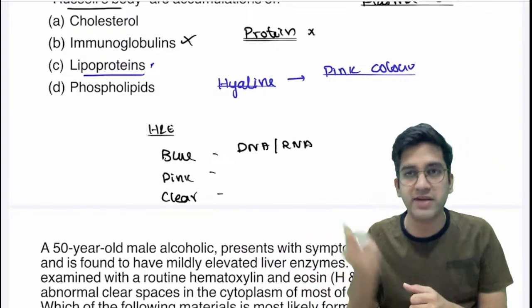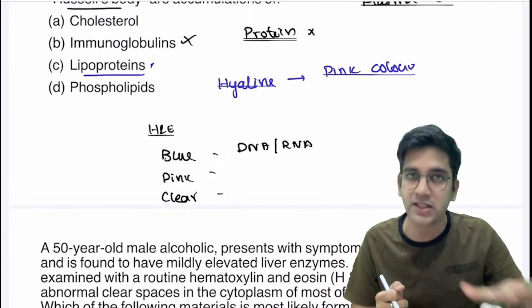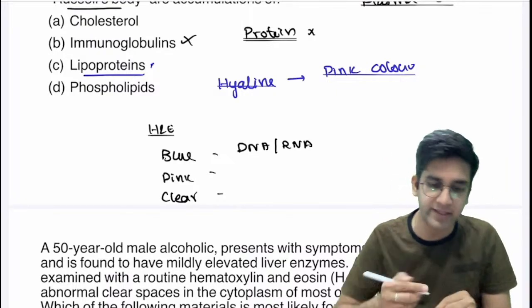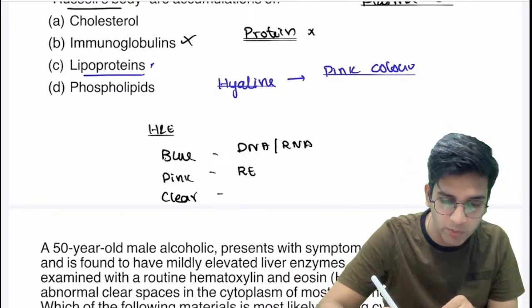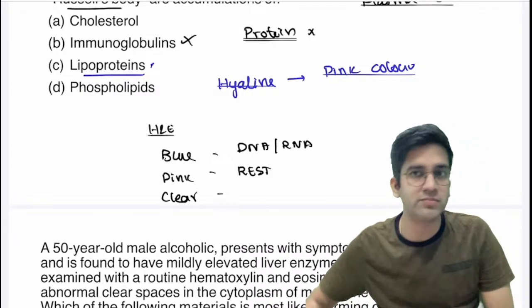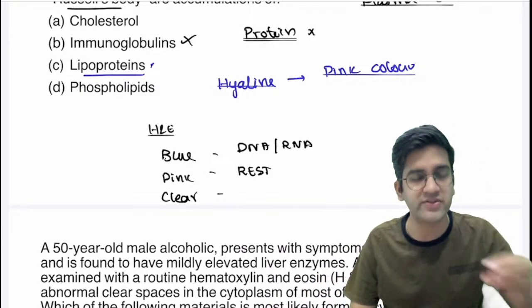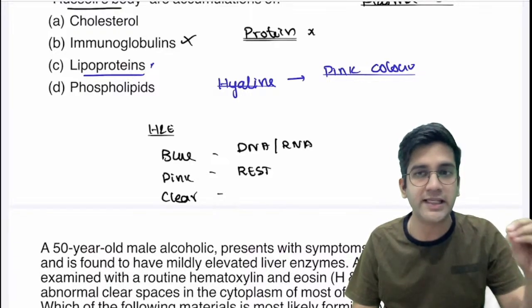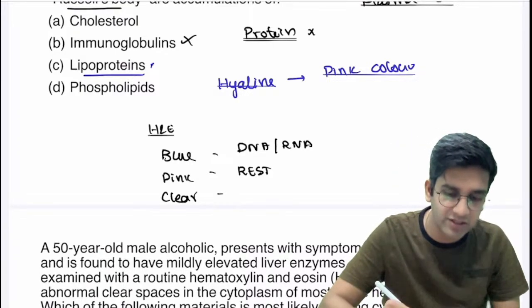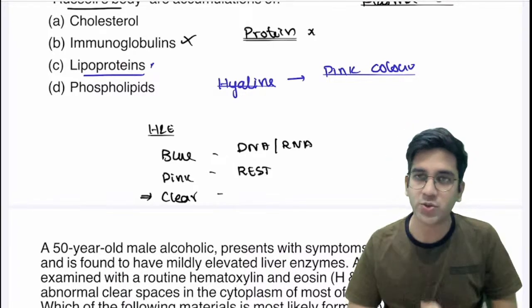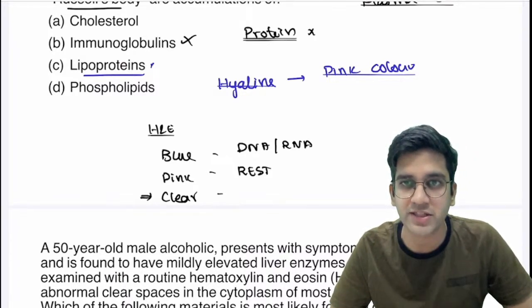The rest, everything else in the cell, will be pink: the cytoplasm, the protein, and anything else like glycogen. Anything apart from DNA and RNA will be pink. Then there is our favorite thing, which is clear in appearance.